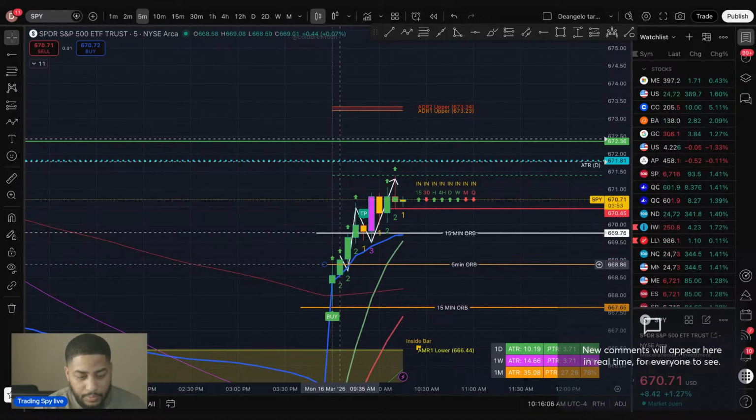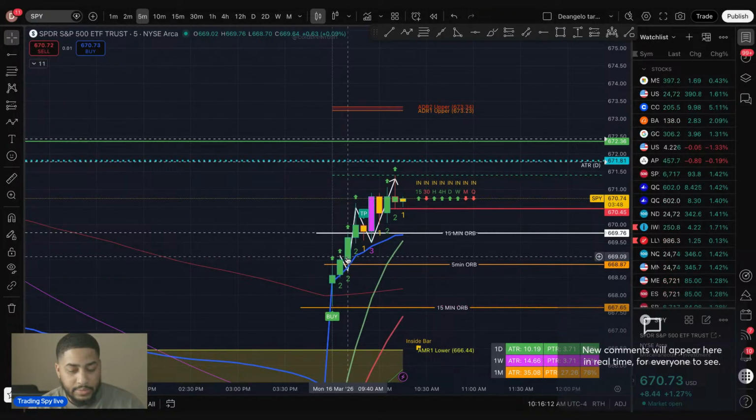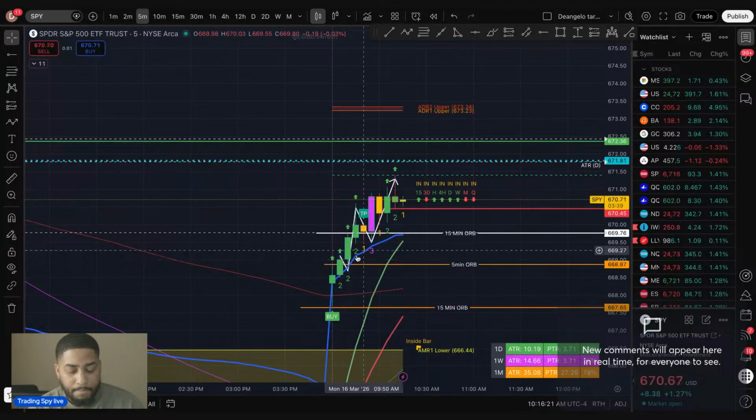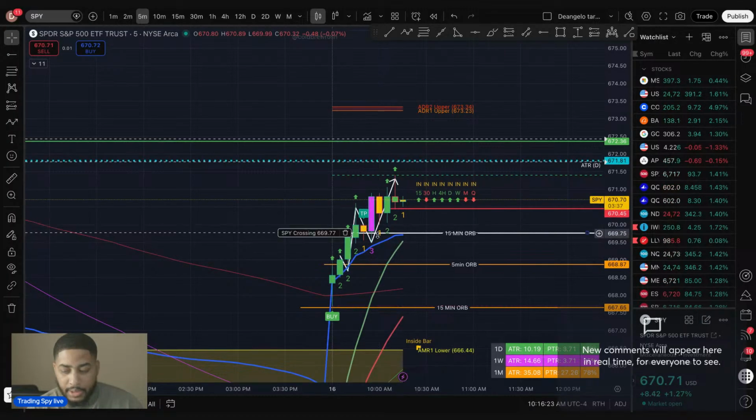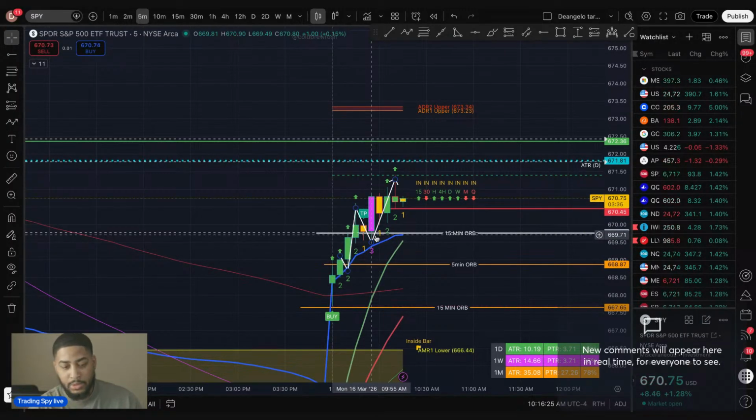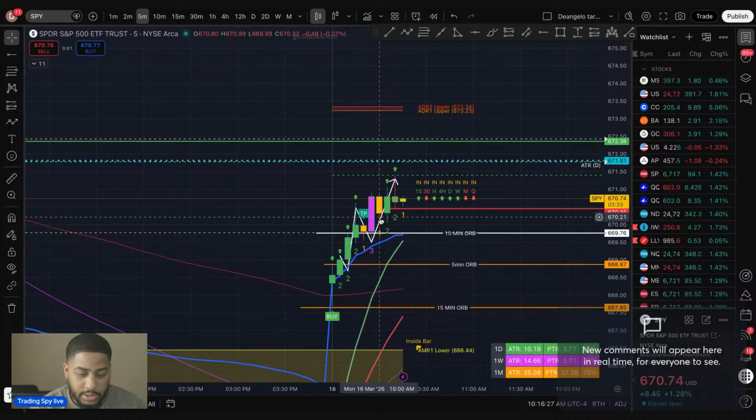So that second 5-minute candle with that closure, like I said, you would have been straight, especially that third one. Coming off of that VWAP would have been a nice play. But hopefully y'all understood that, you know what I mean?